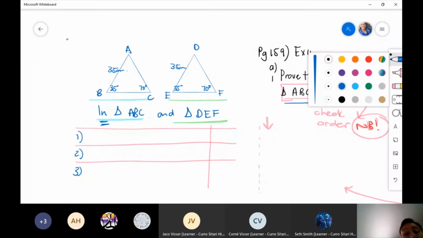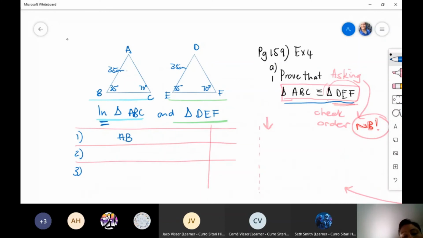And the first thing I'm going to state is that I see in triangle ABC, let me start with the side, that side AB is equal to side DE, and that clearly has been given. And it is a side, for my understanding.